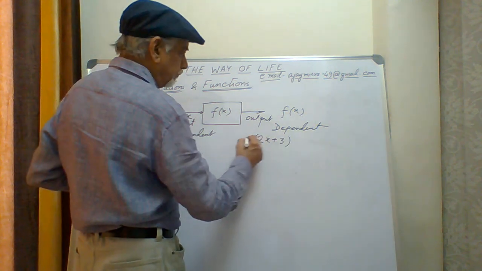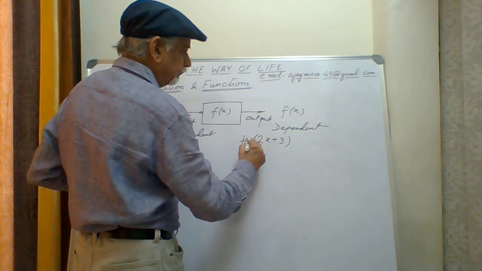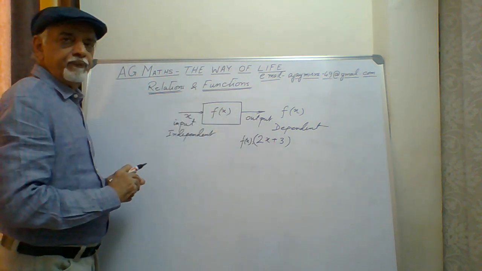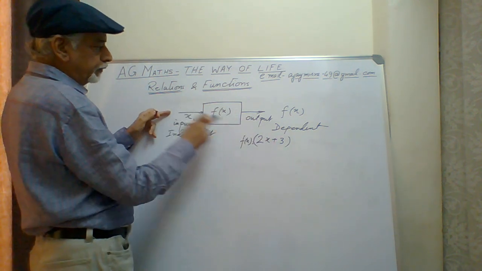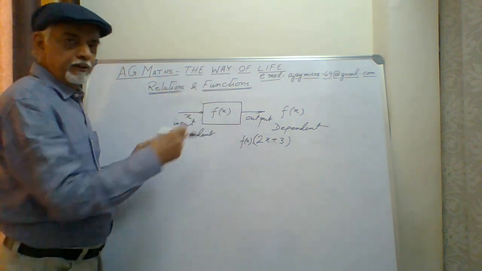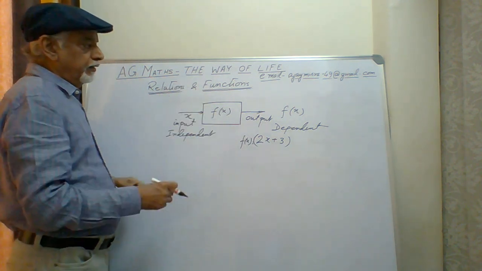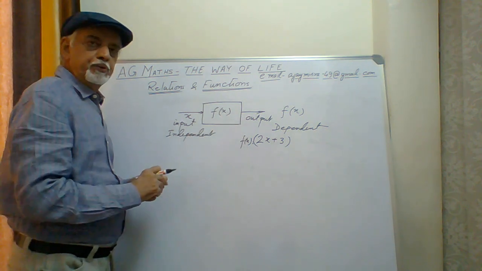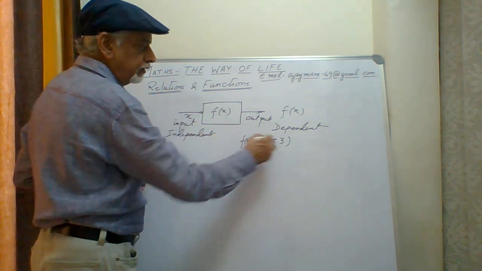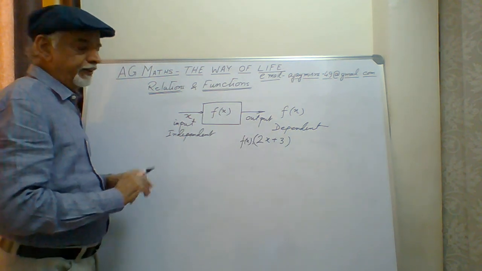This is what is my f(x). When I put x here, I am getting 2x plus 3. So this was your input and this is your output. What happened? This x was turned around in this machine and that x got multiplied with a 2, a scalar number, and addition of 3 to get me a final value of 2x plus 3.